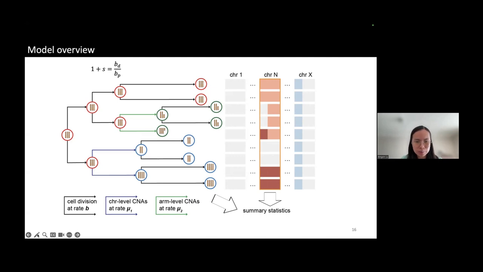We can simply model under neutral evolution, namely all cells have the same fitness advantages, and we have another model of selection in which cells with certain copy number alterations may have fitness advantages measured by this formula. We can derive summary statistics from both the copy numbers and the cell lineage trees to summarize the data.